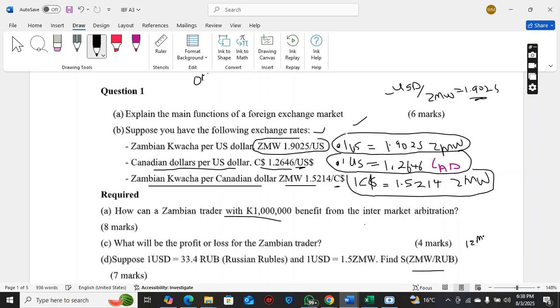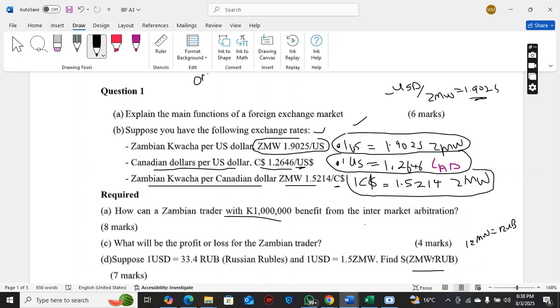If the rubles was on top, then it will be how much one ruble is equivalent to in kwacha.